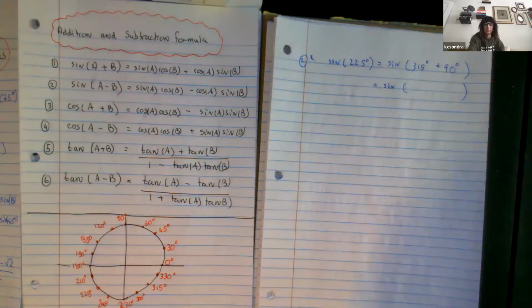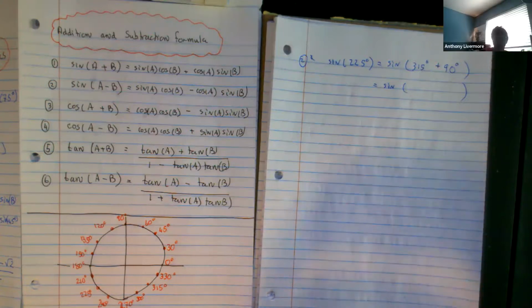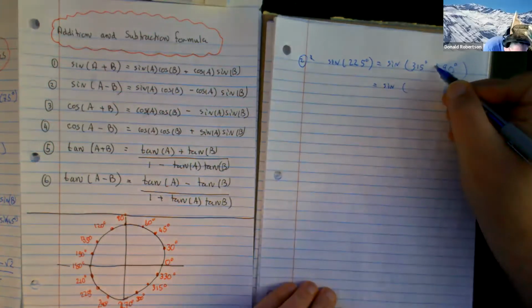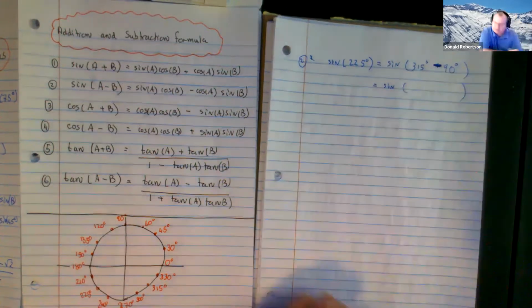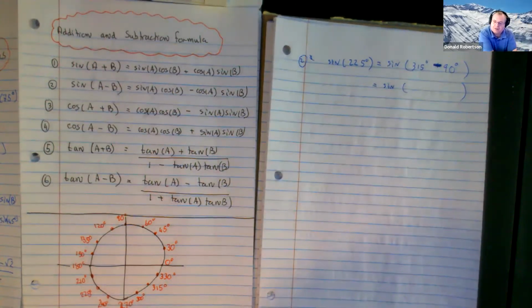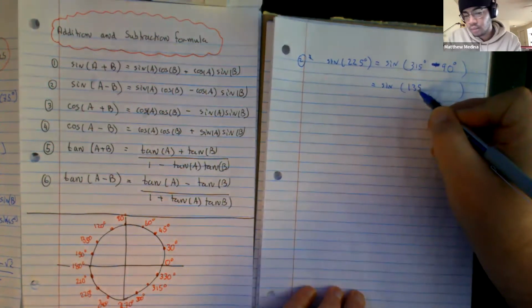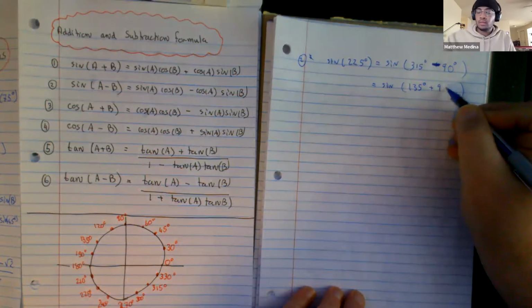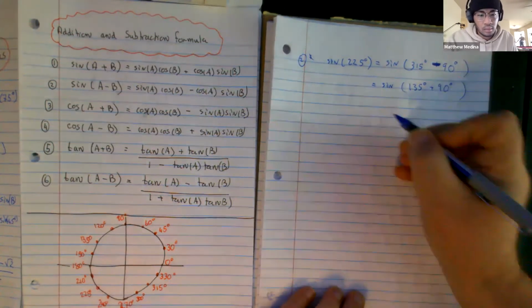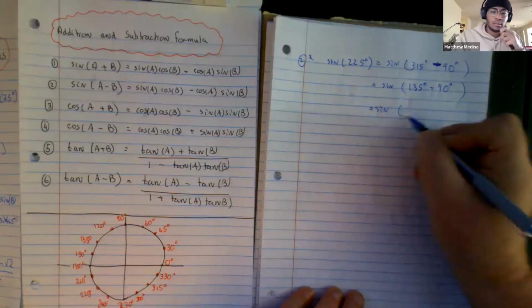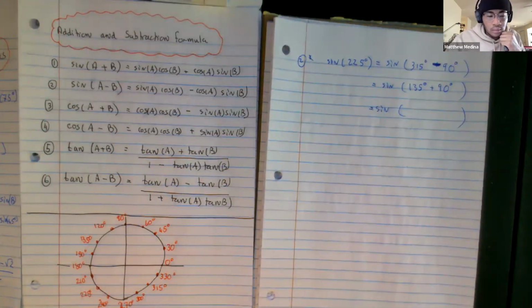So you're off the list. Give me another one. Somebody else. That's 315 minus 90, not plus 90. Oh yeah, my apologies. Right, give me another one. I keep wanting to add things. That's probably why I keep putting pluses down. Come on. 135 plus 90. One last one.